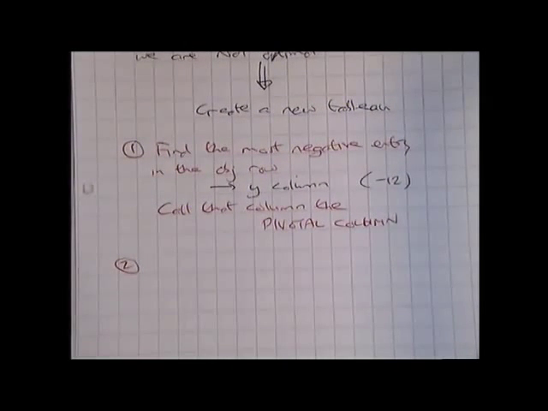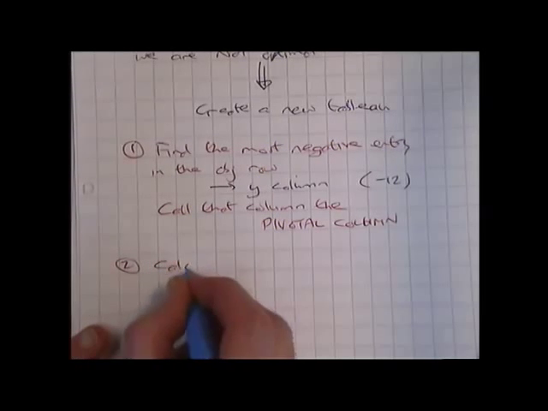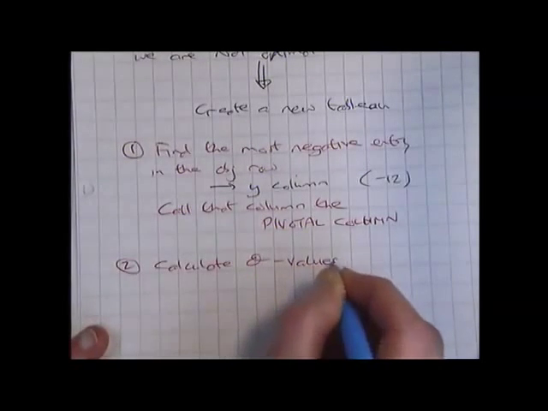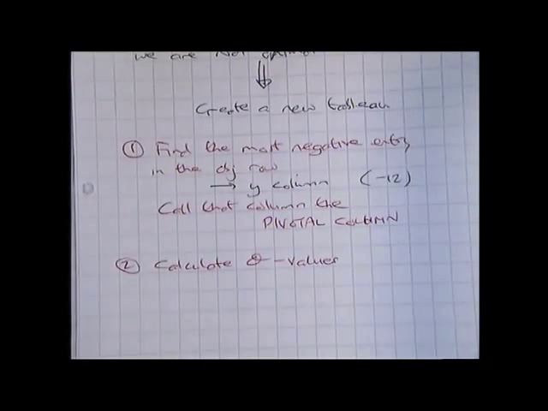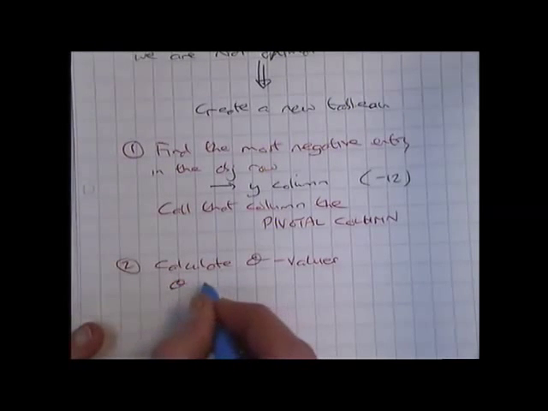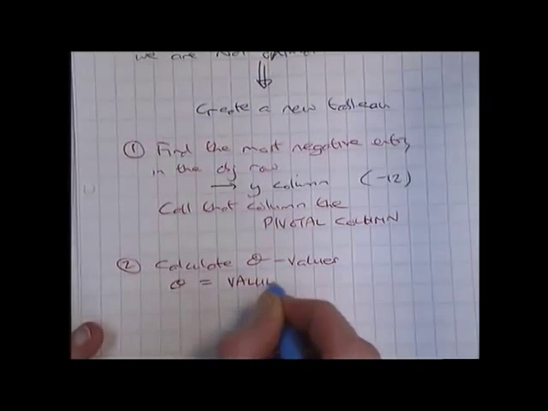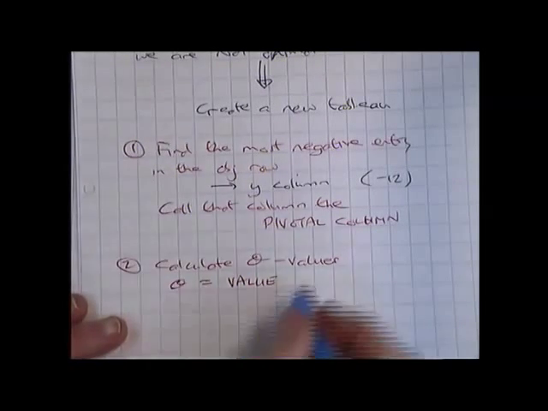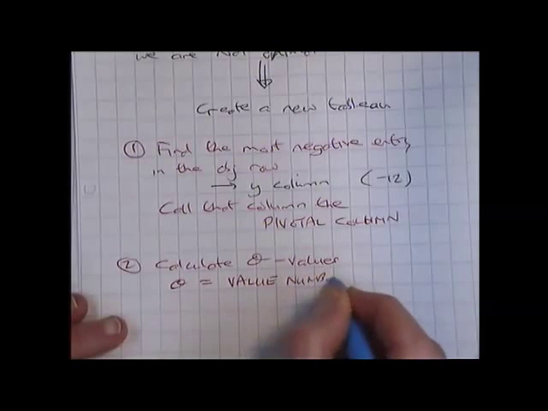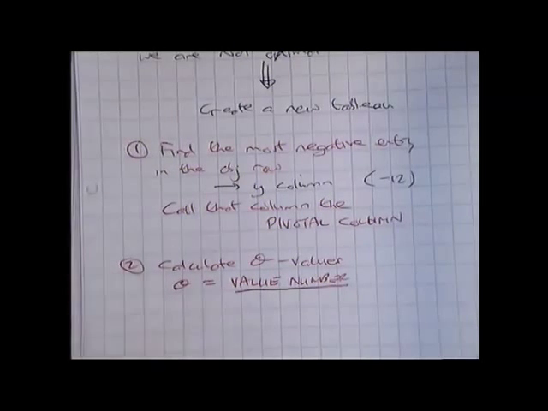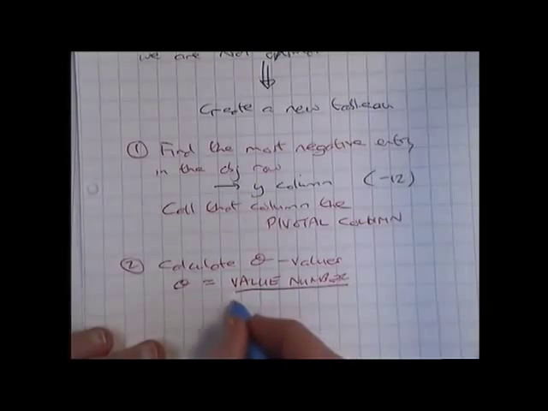Step 2, the second step, is you calculate what are called theta values. And to get the theta values, a theta value equals the value number at the end of the row divided by the value in the pivotal column.